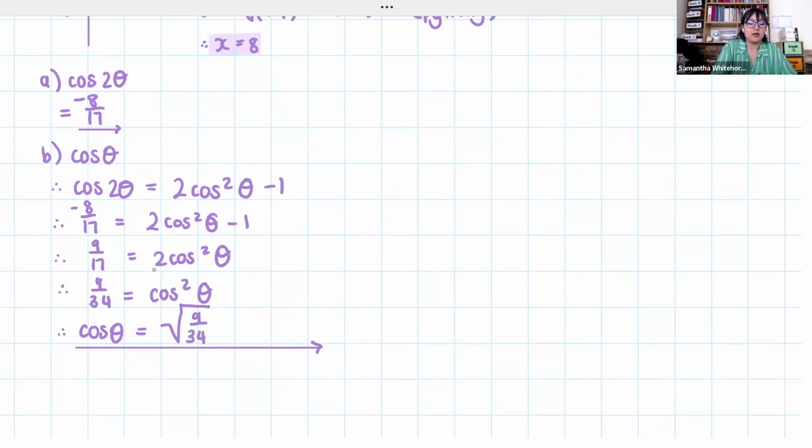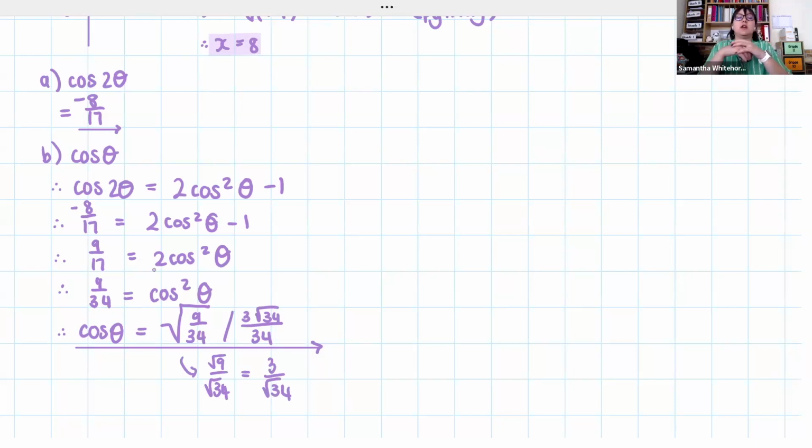You can either write it as square root 9 over 34, or if you type it in on a calculator, it gives you 3 root 34 over 34. It just rationalizes the denominator for you, because technically you would have root 9 over root 34, which is 3 over root 34. And we never want to have a square root in the denominator.